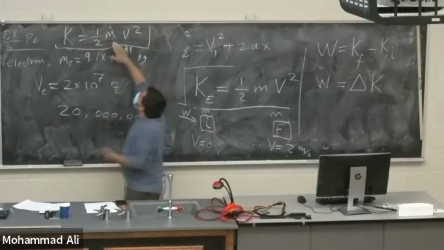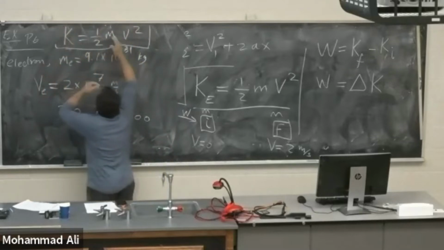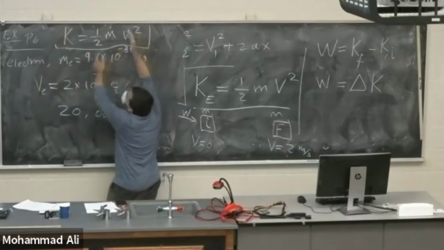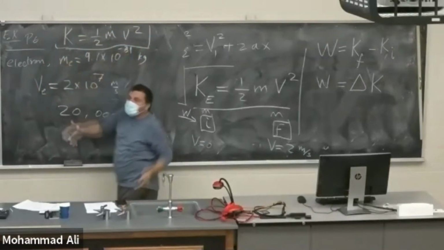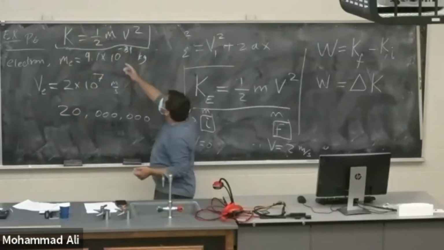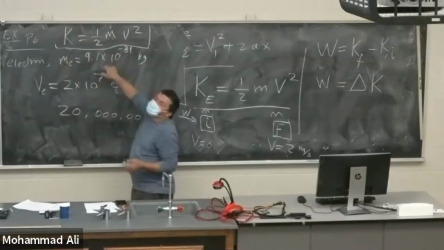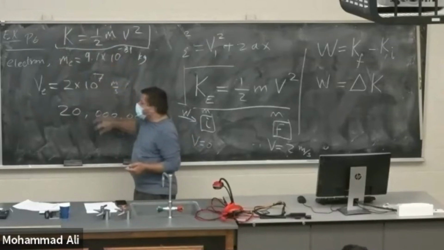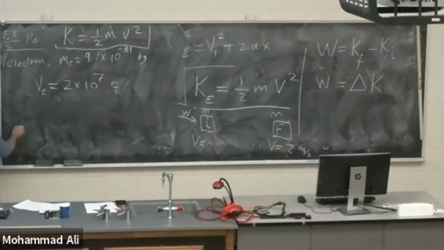If the mass is very high, then the kinetic energy will be high. If the velocity is high, then the kinetic energy will be high. If the mass is small, then the kinetic energy is small, and so on. We have small mass and high velocity. Let us compute the kinetic energy for that electron.